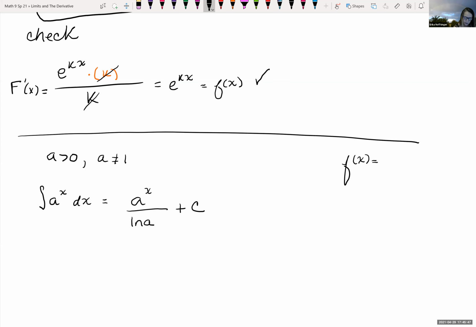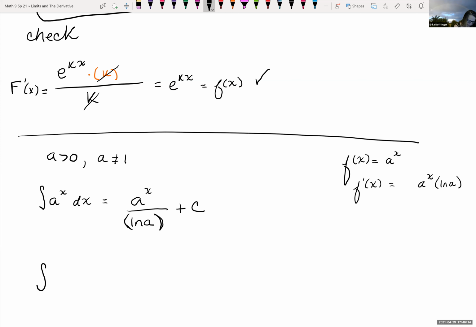Recall, if we had a to the x power and we took the derivative of that, this was equal to the original function times the natural log of our base. So that's why we have to divide by this, so that when we do take the derivative, it cancels out.